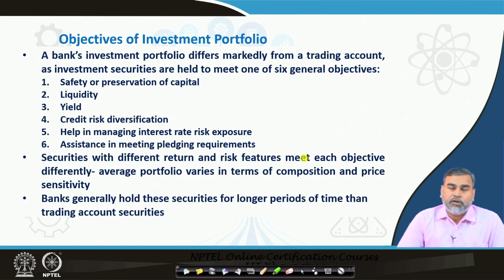Number two is liquidity. Already I told you, liquidity is very much inevitable from the commercial banking perspective to fulfill the requirements of the customers or depositors. The liquidity has to be maintained in a proper way, because excess liquidity is also not required, since liquidity and profitability do not go together. So, a proper balance has to be made.